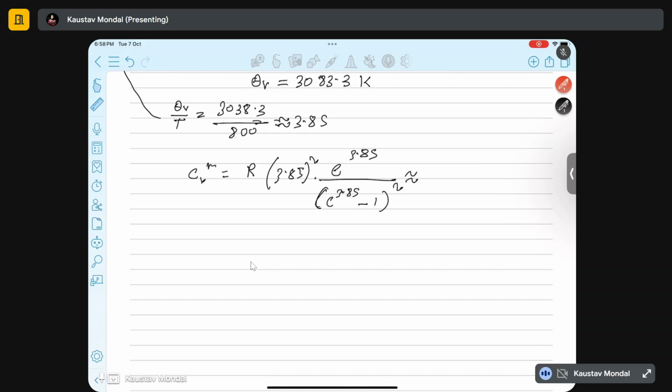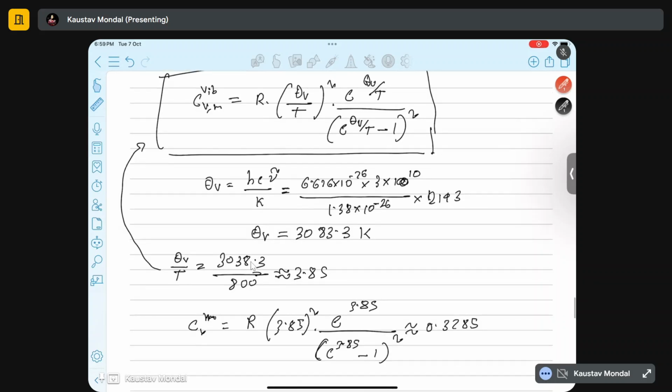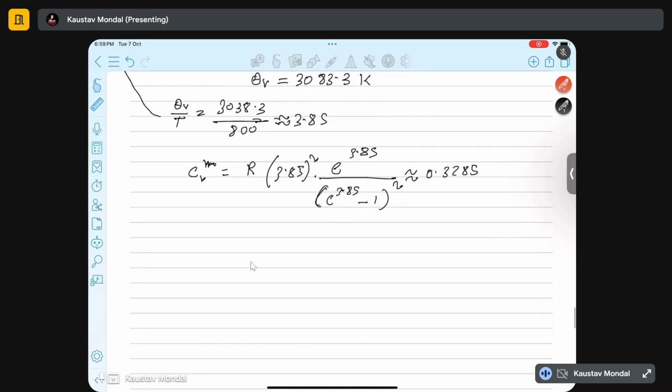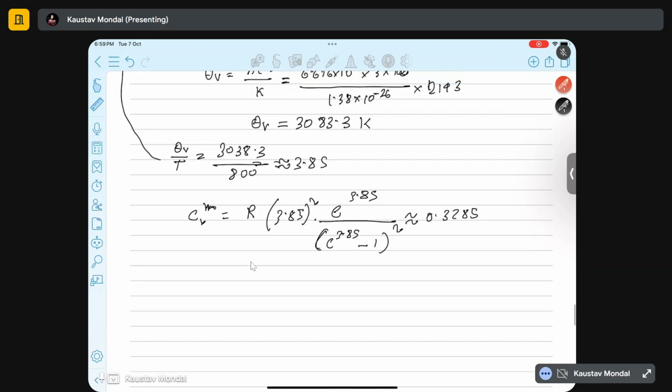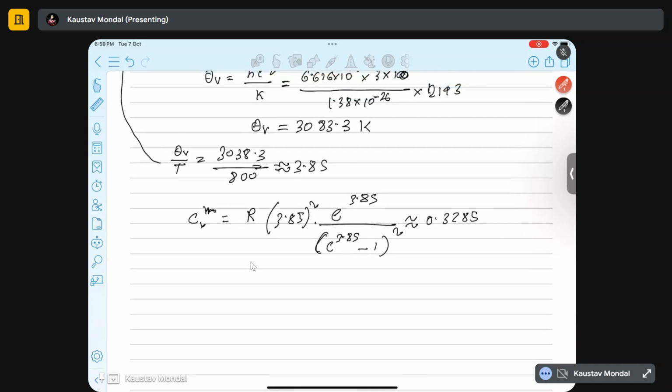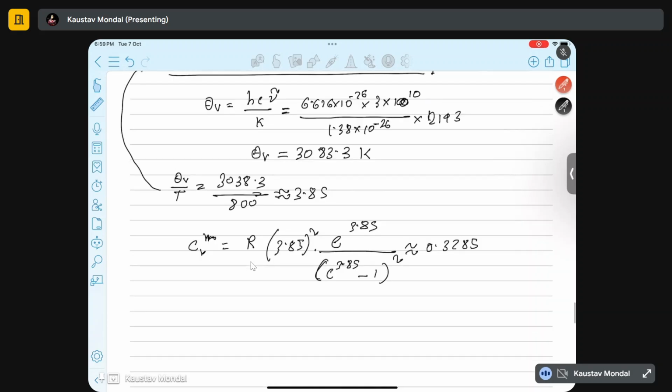So if we calculate all of this, we'll get the value of CVm equal to 0.3285. This is basically the value of the molar specific heat, specific heat at constant volume, due to the contribution of the vibrational partition function.